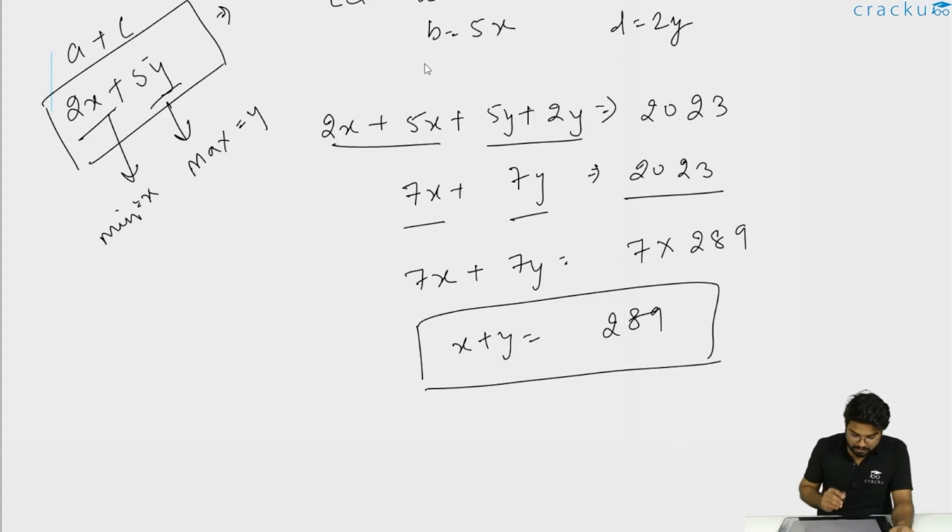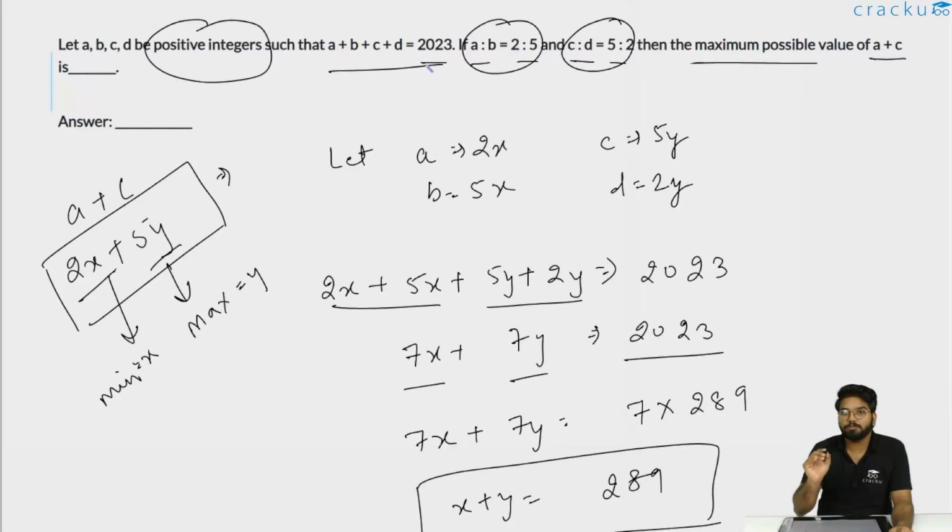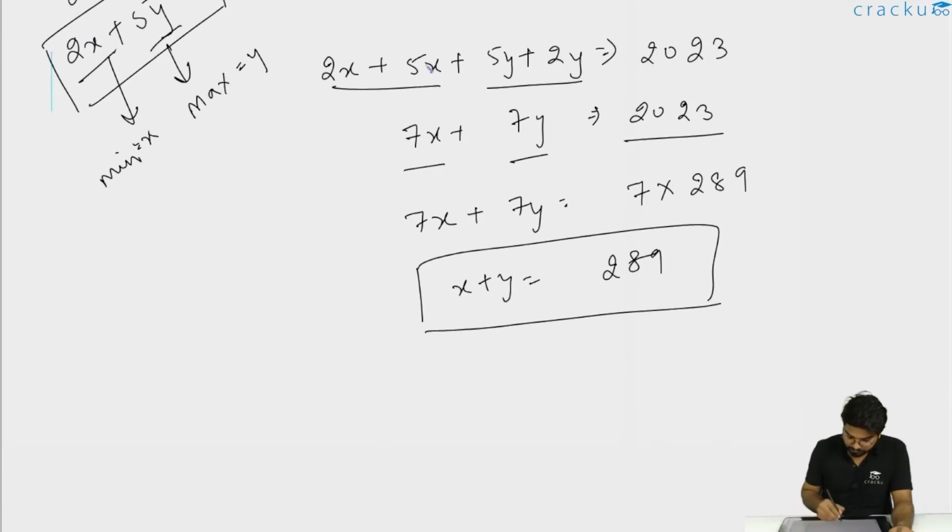So what can be the maximum value of y and minimum value of x? We are given that these numbers are positive integers, so they cannot be negative and they cannot be 0. So the minimum value for x can be 1. Then the maximum value for y will be 289 minus 1, which is 288. These are the values we get for maximum y and minimum x.